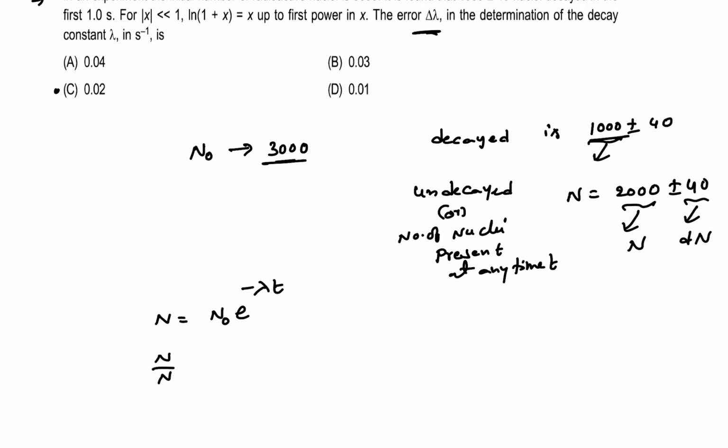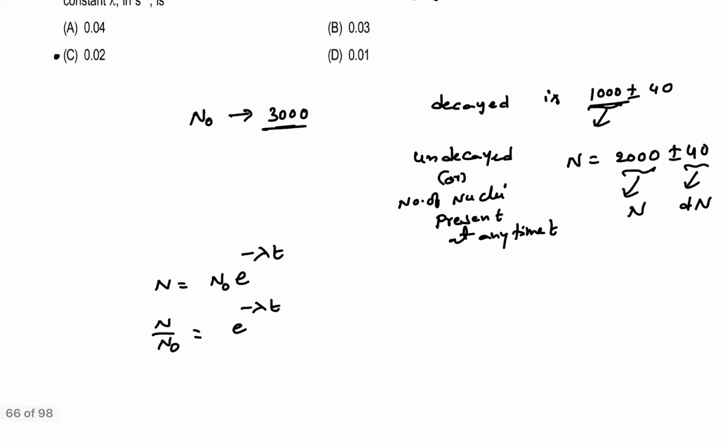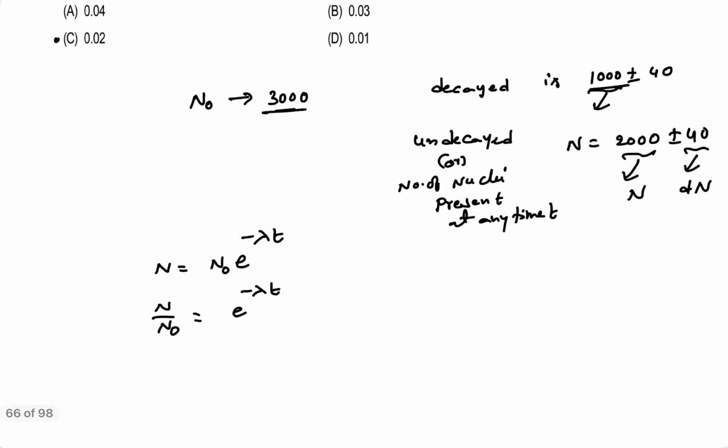They are asking for the error in delta lambda only. Now we can write N divided by N naught is equal to e to the power of minus lambda into t. To bring the exponential term to the left side, we take the logarithm: ln of N by N naught is equal to minus lambda into t.